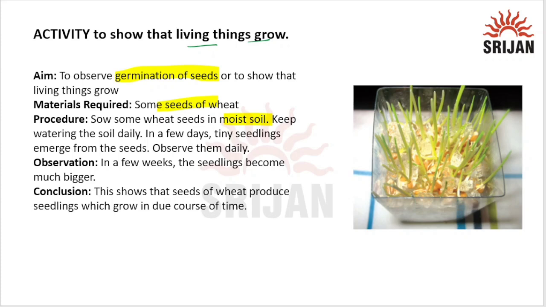In a few days, small seedlings emerge from the seeds and you observe them daily. You will conclude that in a few days the seedlings become much bigger, and this shows that seeds of wheat produce seedlings which grow in due course of time.